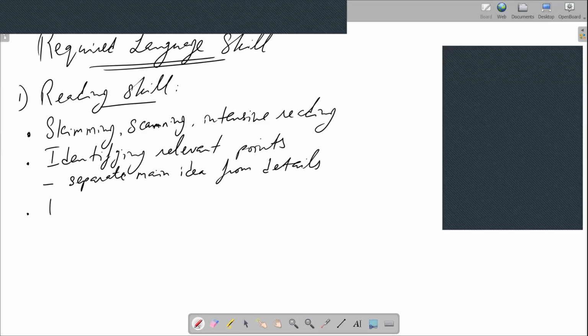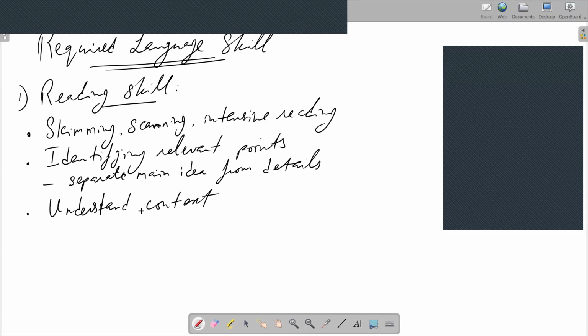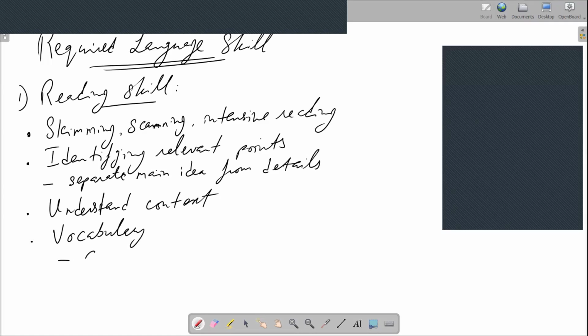We need to be able to understand context. And there's obviously vocabulary, and with that, being able to understand contextual meaning for the words used in the text.